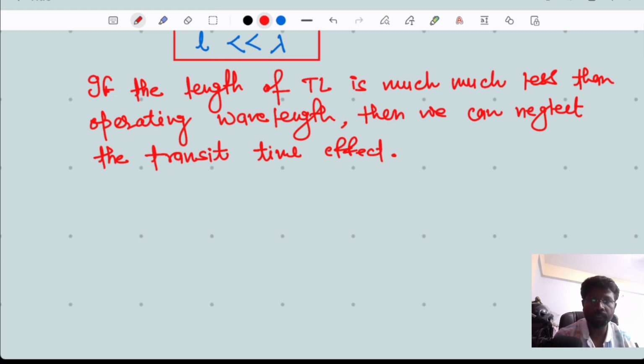One can therefore model a transmission line by lumped elements by dividing the transmission line into small sections such that over each subsection the transit time effect is negligible. It is therefore appropriate to define circuit parameters for unit length of transmission line.